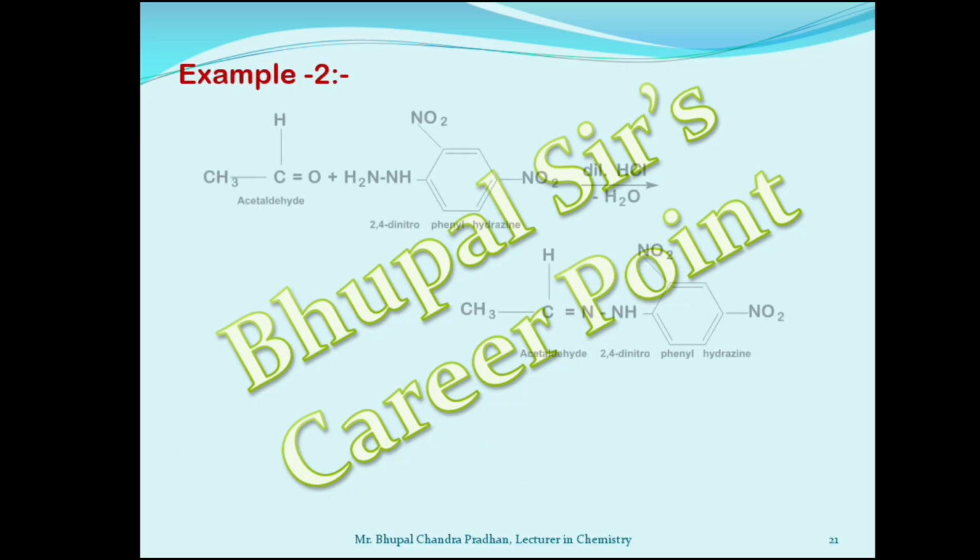Let us come for example 2. We'll take CH3 and H. It will become acetaldehyde. Whenever acetaldehyde reacts with 2,4-dinitrophenylhydrazine in the presence of dilute HCl, then water molecule will be eliminated. How? The oxygen atom of carbonyl group and H2 of 2,4-dinitrophenylhydrazine is removed as water molecule to give us acetaldehyde 2,4-dinitrophenylhydrazone.